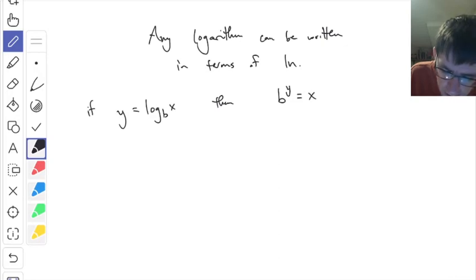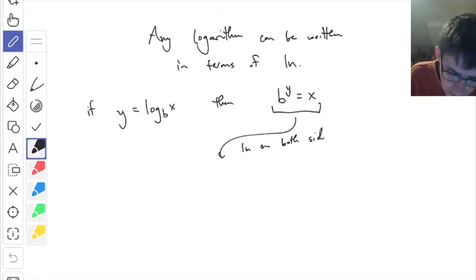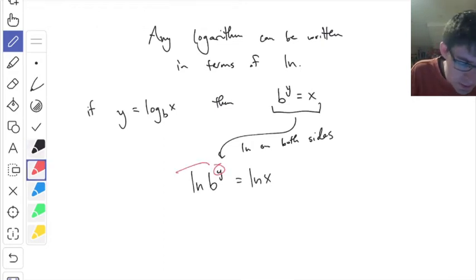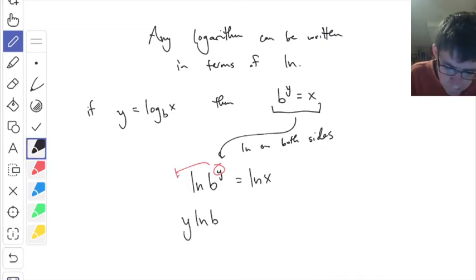What we can do with this, if I do ln on both sides, is say the natural log of b to the y equals the natural log of x. Then I can do our favorite trick with an exponent inside of a log. This exponent here can come down front because that's the rule about logs. And then we can solve this for y.